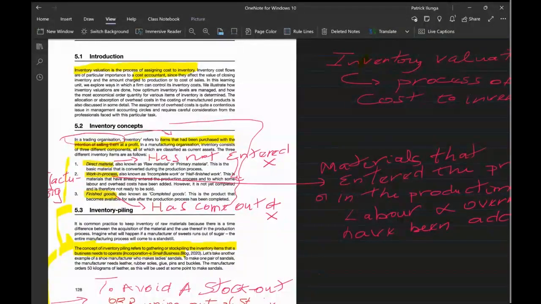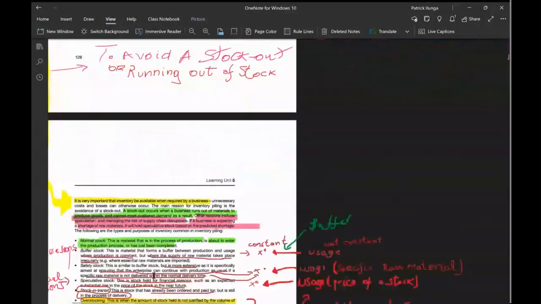It has not yet entered the production per se, but we need to purchase it, we need to acquire that material. And then there's the work in progress, where that material enters the actual production, and after that we have the finished product.